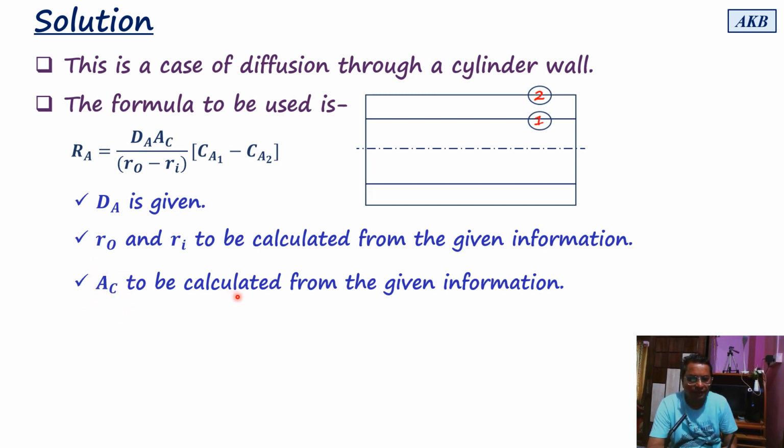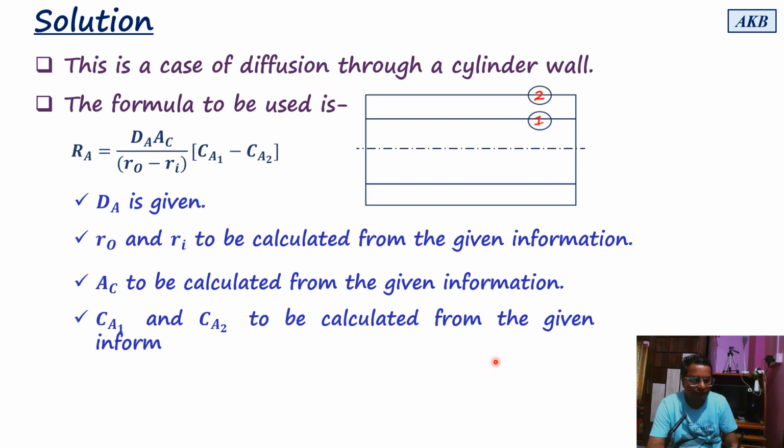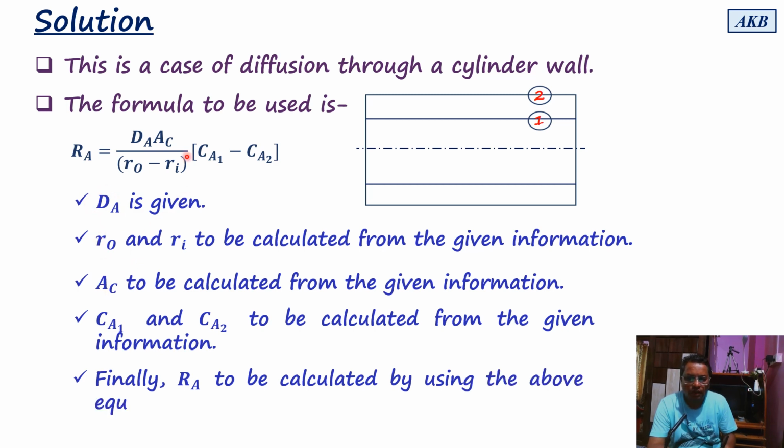We have to calculate it from the given information. CA1 and CA2 are also to be calculated from the given information. And finally, once you get all the terms on the right-hand side of this equation, you can directly use it to get the rate, which we are supposed to finally report in this numerical.